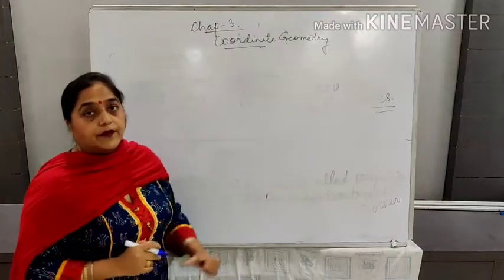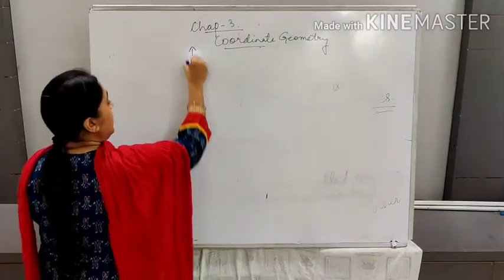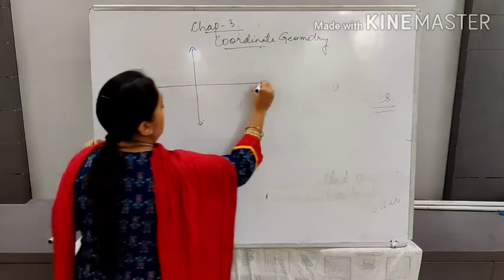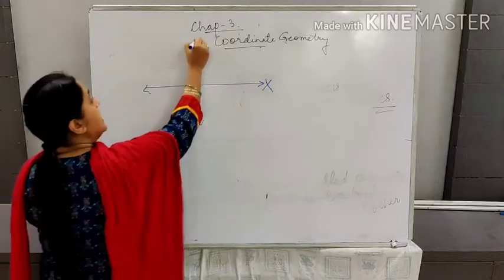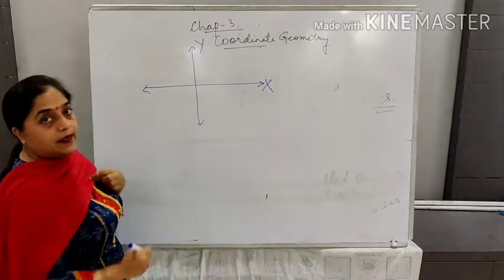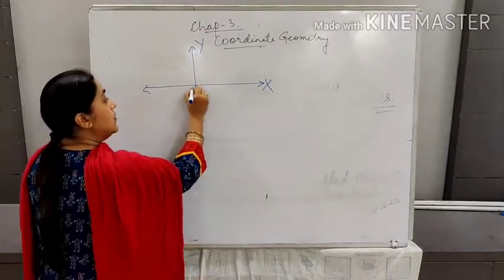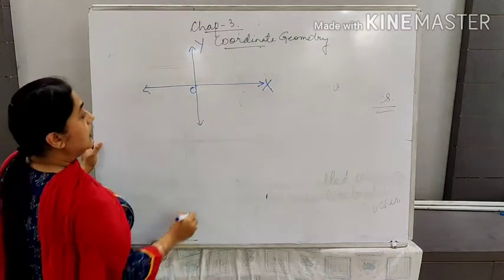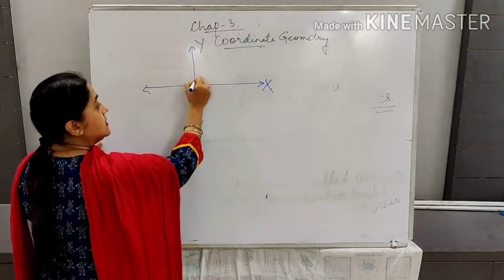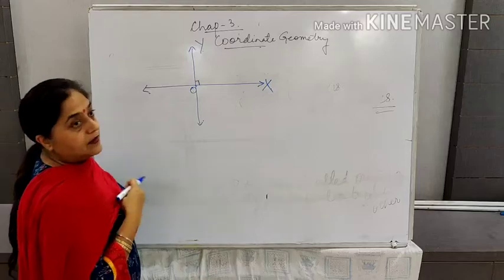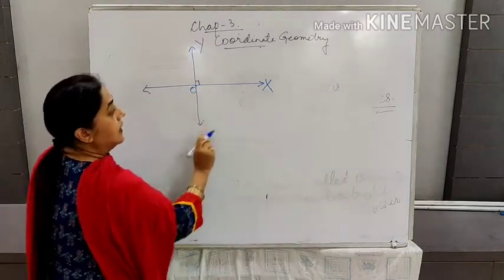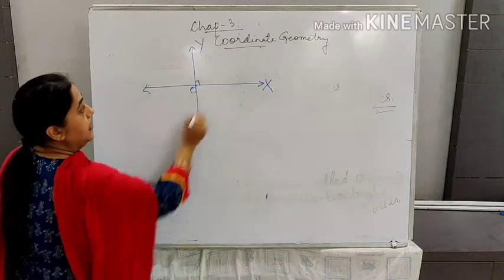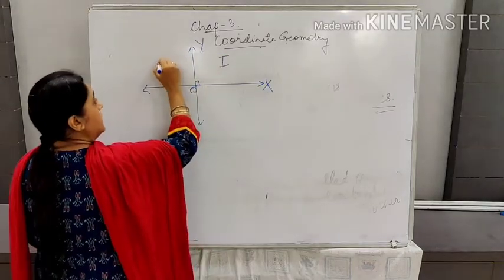Now please see, when I am talking about these two axes, I said the horizontal one is called the x-axis denoted by capital X, and this is the y-axis denoted by Y, and this is the origin. These two axes are mutually perpendicular to each other, and when they intersect, they divide my plane into 4 parts.